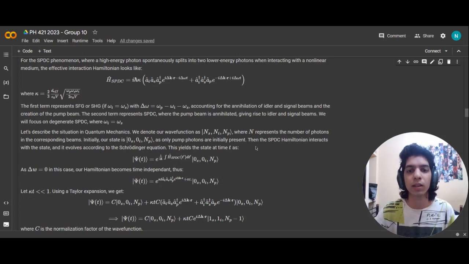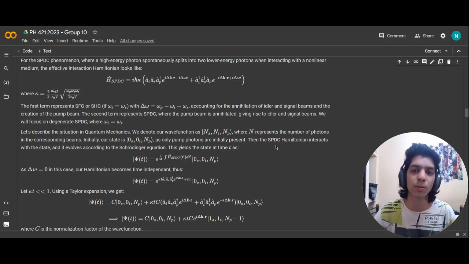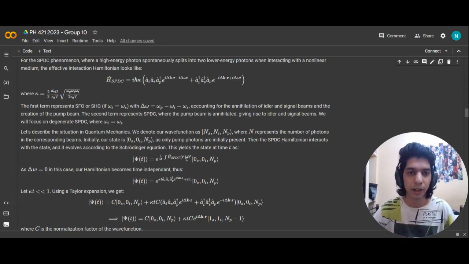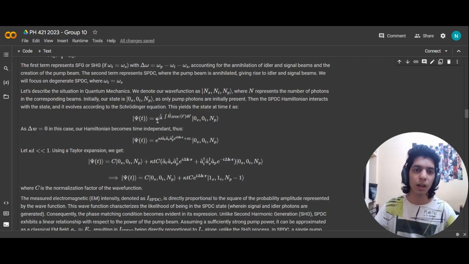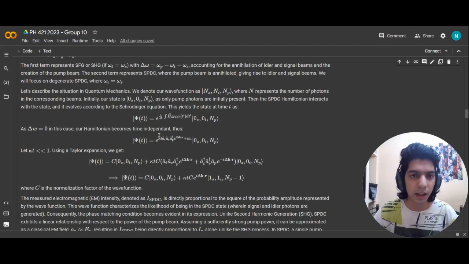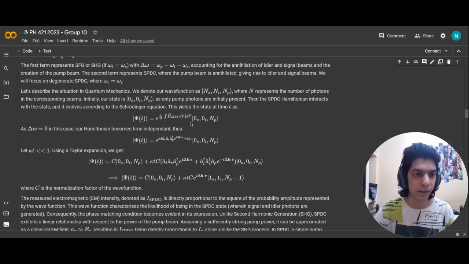Then the interaction Hamiltonian acts upon this state, and this state evolves. To find the evolved state at time t, we apply the time evolution operator, a unitary operator, basically just solving the time dependent Schrodinger equation. We get the state at time t equal to e raised to 1 by i h cross integral of the Hamiltonian with respect to time, times the initial state.